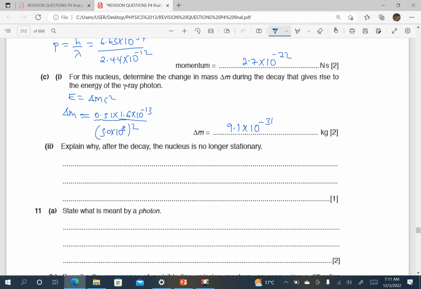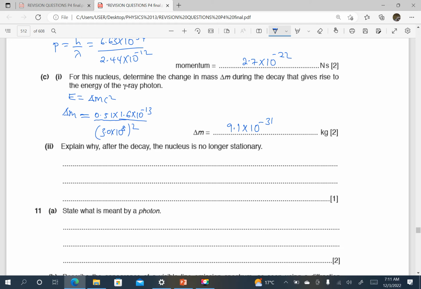Explain why after the decay the nucleus is no longer stationary. The nucleus can no longer be stationary because the photon emitted has momentum. Momentum has to be conserved, so the nucleus must recoil to conserve momentum.